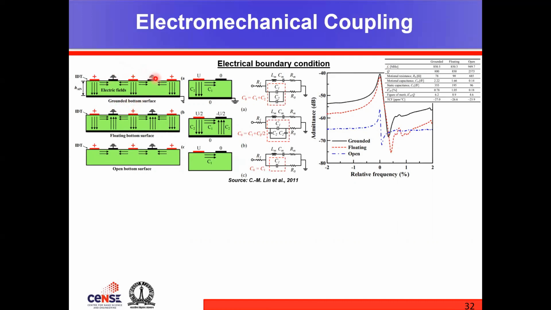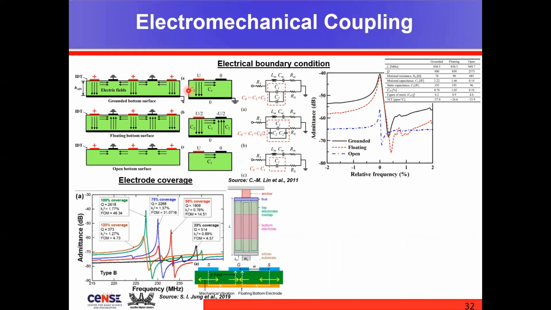Now, when there is grounding, because of the static capacitance coming into play, the effective coupling coefficient drops. So these studies show how we can engineer the electrical boundary conditions, thereby changing the electric field distribution between the electrodes to get different electromechanical coupling coefficients.